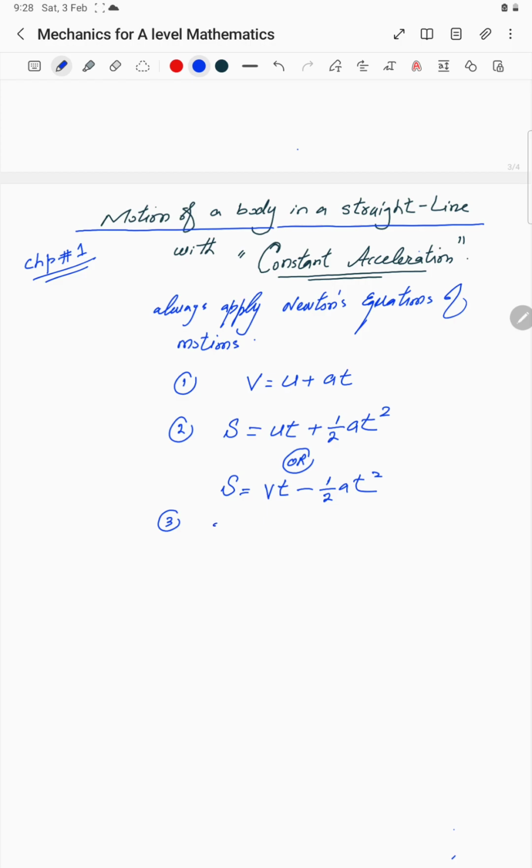And third one, 2as is equal to v square minus u square. And fourth, you can write s is equal to v cross t for the average velocity.